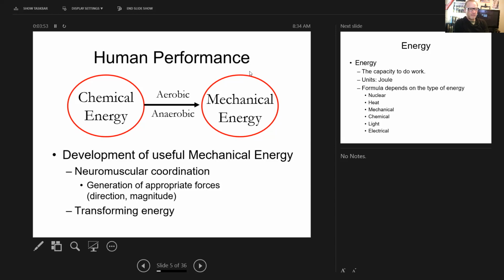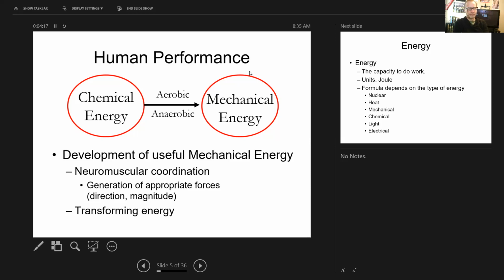So this really involves generating the right forces and the right magnitude of force, and the force is applied in the right direction and also at the right moment in time. So there's a lot of coordination of muscles generating forces in the body.